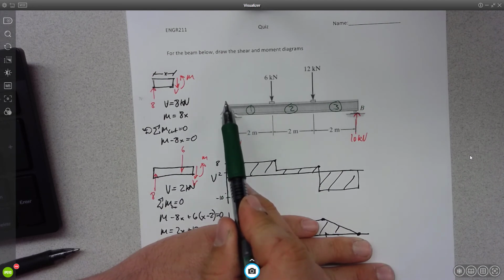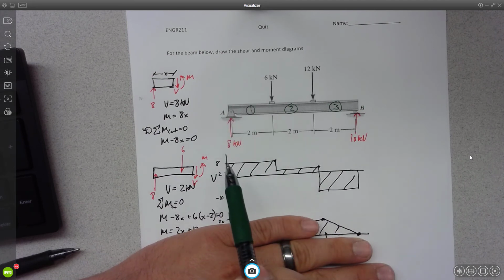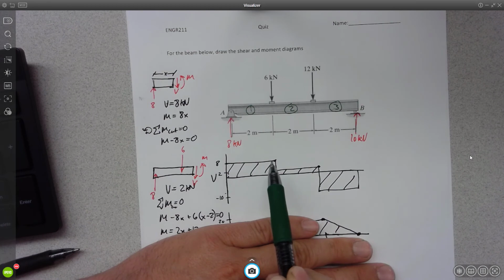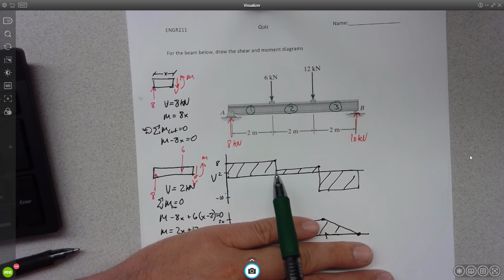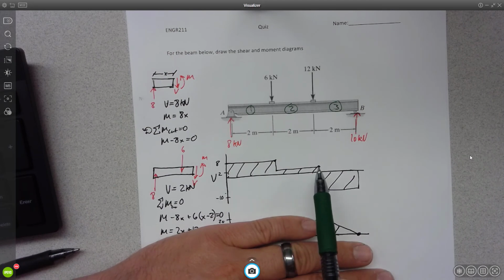Nothing happens as we go from A to the 6 kilonewton force, so nothing happens in my shear diagram. When I hit that 6 kilonewton force, I jump down 6, right? Because now I'm at 2. Then as I go from 6 to 12, nothing happens. When I hit 12, I jump down from 2 to negative 10, or 12, right?